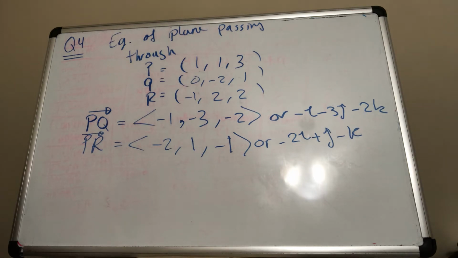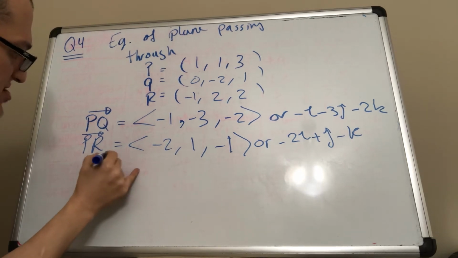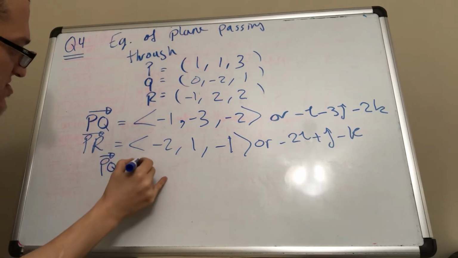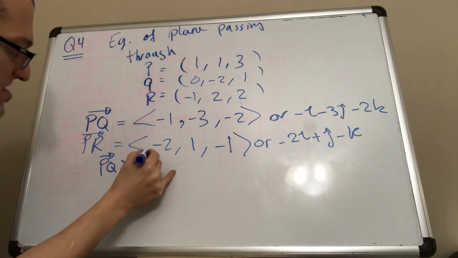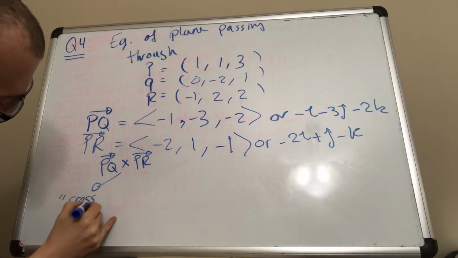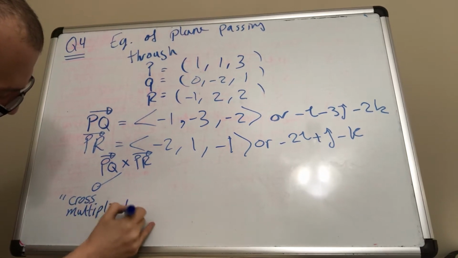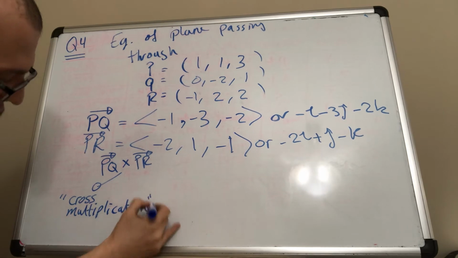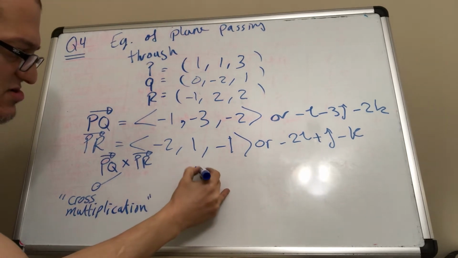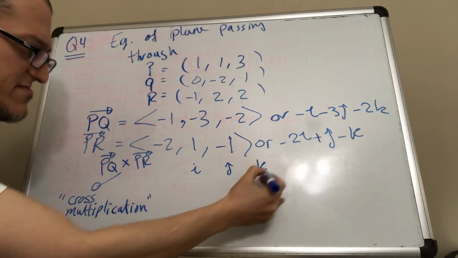Once you do this, you're going to do cross multiplication. We're going to go PQ times PR. This is called cross multiplication. To do this, you just say i, j, k.